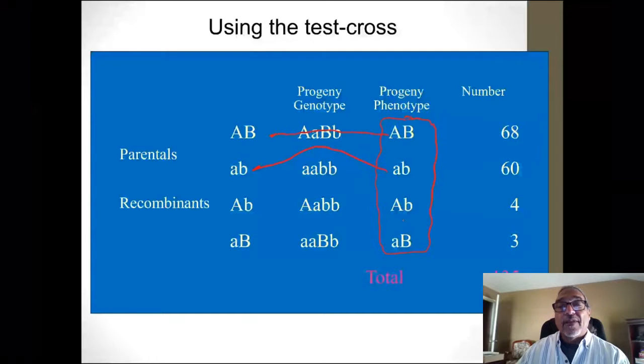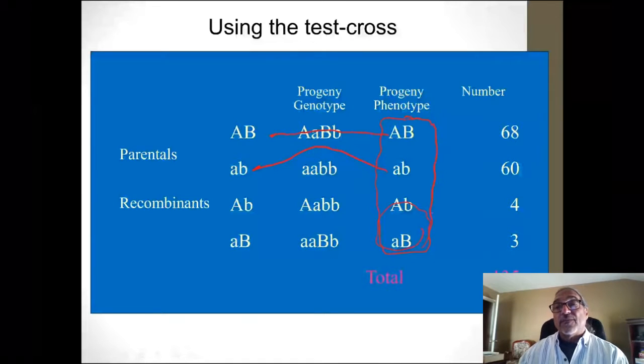However, these here, each individual here has properties of both one and the other of the parentals. These are recombinants.